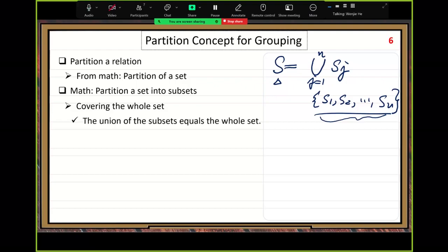That's the first condition: the union of subsets equals the whole set. Second condition, non-overlap. That means Si intersection with Sj must be an empty set.